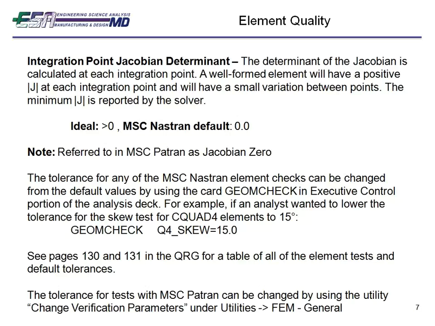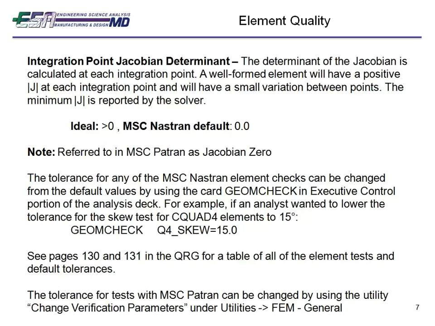So MSc Nastran gives the analyst the ability to change the tolerances for the checks that are run from the default tolerance using the GEOMCHECK card in the executive control portion of the analysis deck. For example, if you wanted to change the skew tolerance for quadrilateral elements, you would use GEOMCHECK Q4_SKEW=15 if you wanted to change it to 15 degrees.